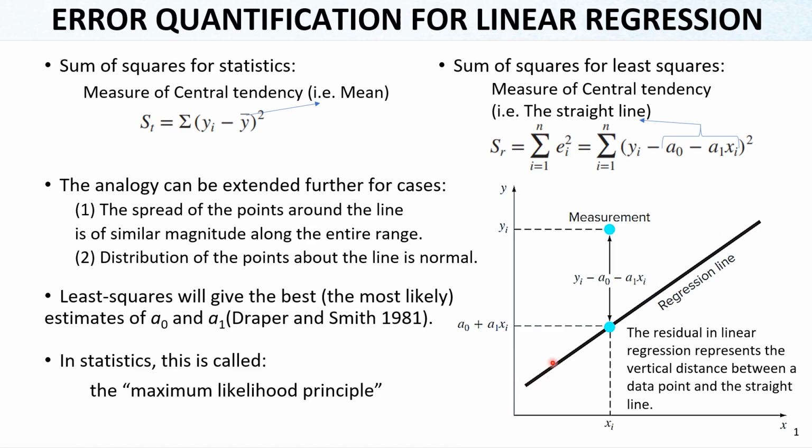So distribution, also the errors, will have a normal distribution. And the least squares will give the best or the most likely estimate of A0 and A1. That's why in statistics, because it gives the most likely value, it is called the maximum likelihood principle in statistics. In statistics also, some lines or curves are fitted as a distribution to data, and it's called maximum likelihood principle to minimize this value.